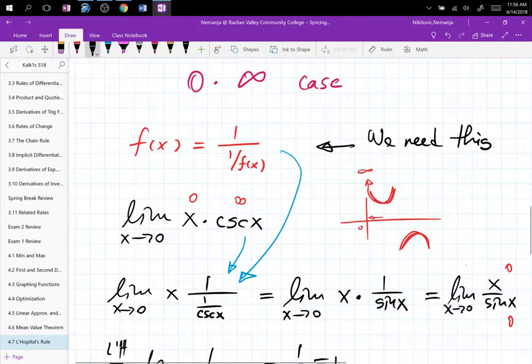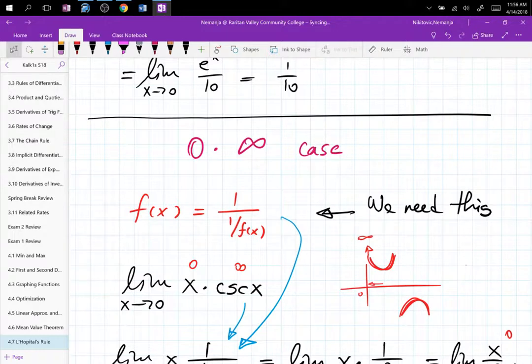So that's the procedure for 0 times infinity. There's nothing else to it. You will have to change either the first function or the second function. If you change the wrong function, you will know, because derivatives will make it worse. See, if I was to change this, the previous one was over x or something like that.